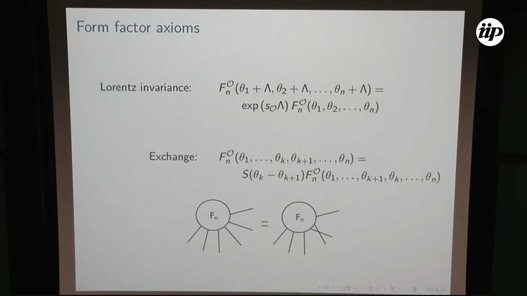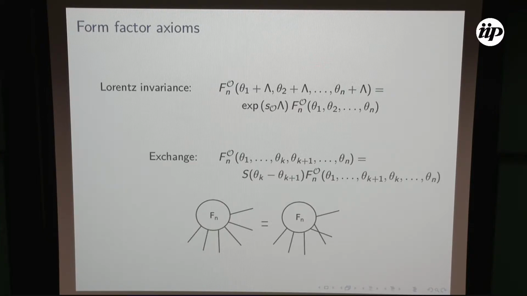These form factor functions in a relativistic theory obey Lorentz invariance: if you shift the rapidity of every particle by a Lorentz boost with lambda, you get the original form factor, possibly times a factor from the Lorentz spin of the operator. For a scalar operator this factor is not present, so you just have this shift symmetry.